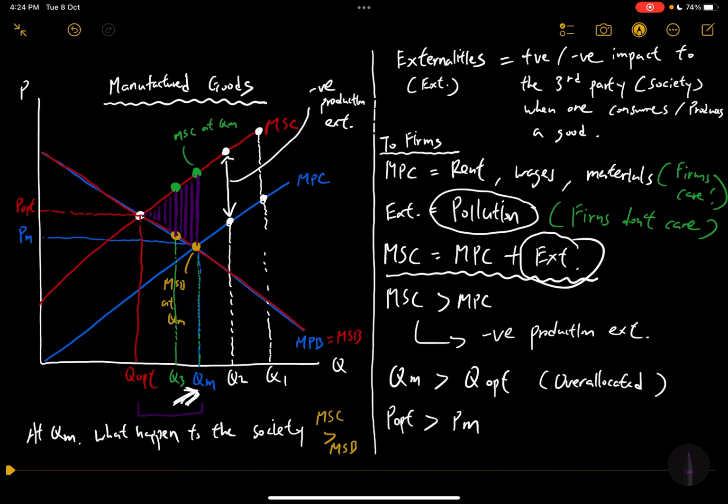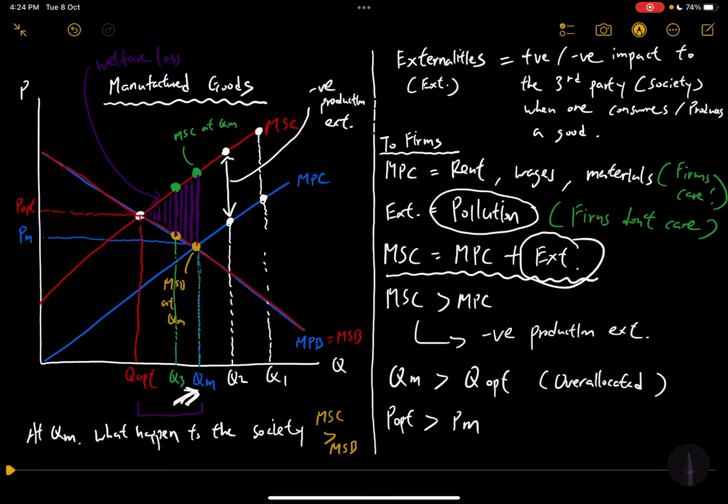So with that being said, this purple area will become something very important to quantify this market failure. This area is what we call welfare loss. That's pretty much how we can explain welfare loss.